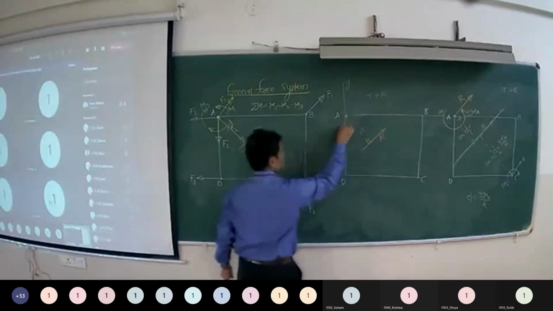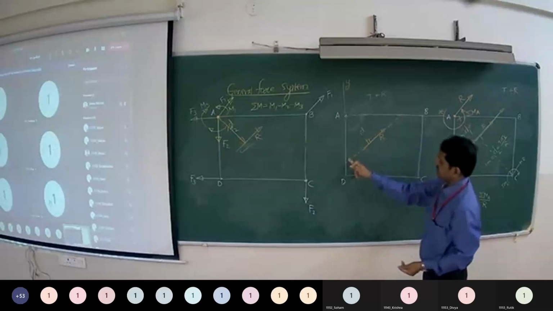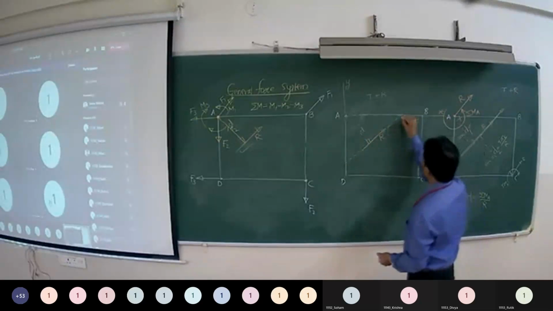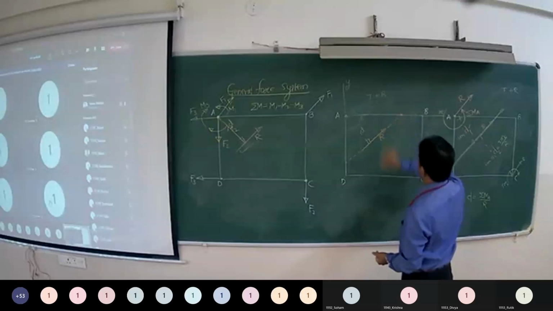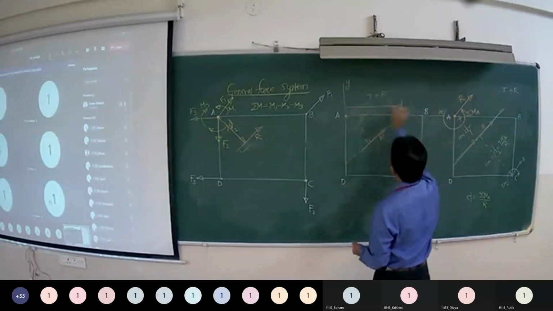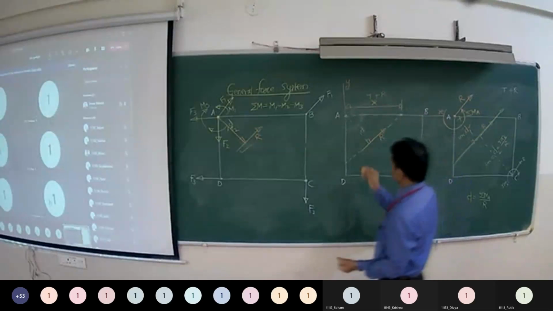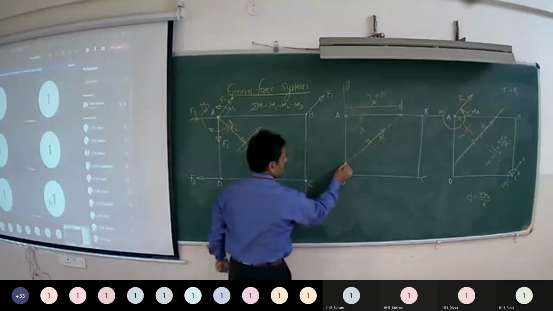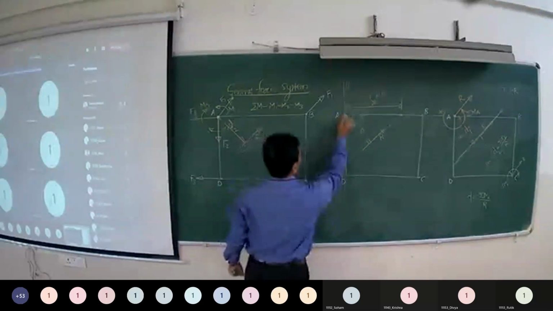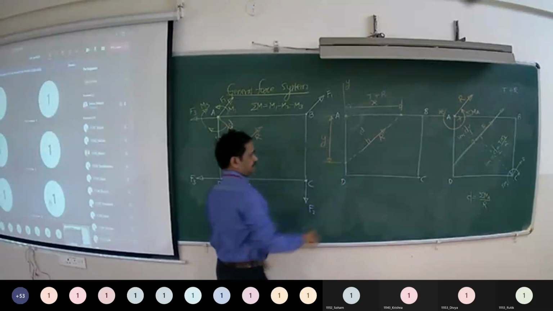This is y-axis, vertical. The line of action of resultant is extended and it will intersect, say, the x-axis at a distance x meters from A. Similarly, the line of action of resultant intersects the y-axis at a distance y.